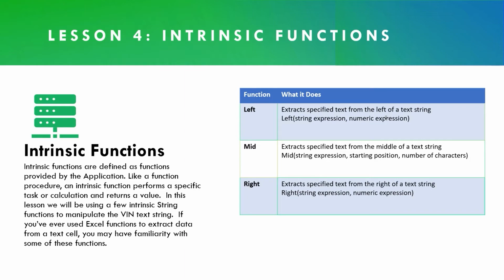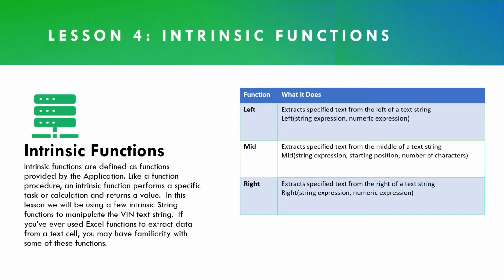Like a function procedure, an intrinsic function performs a specific task or calculation and returns a value. You may be familiar with the 3 functions we're going to use in this section because they're essentially Excel functions, and they're string functions in Excel. So if you've ever used any of the Excel text functions, these may be familiar to you.